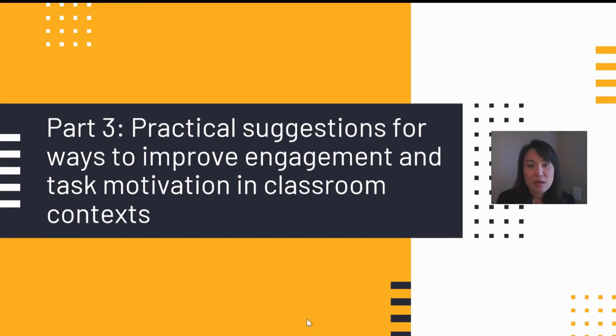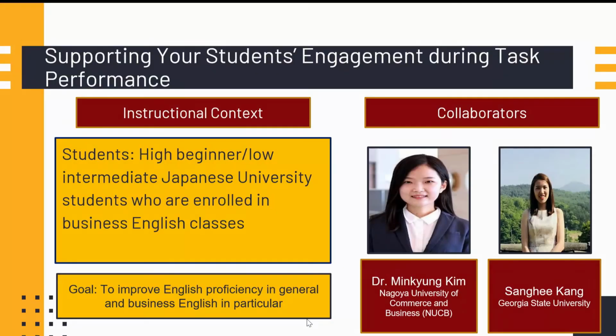Now let's move to part 3. This is where I will address practical suggestions for ways to improve engagement and task motivation in classroom contexts. I will share 4 suggestions, all based on my recent teaching with my collaborators. The instructional context was high beginner, low intermediate Japanese university students enrolled in business English classes.